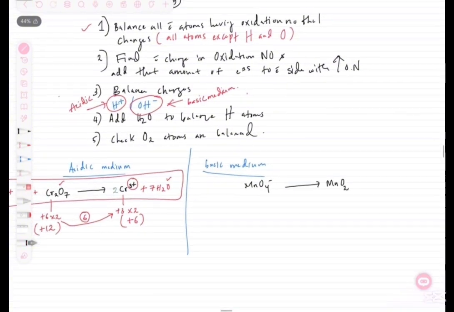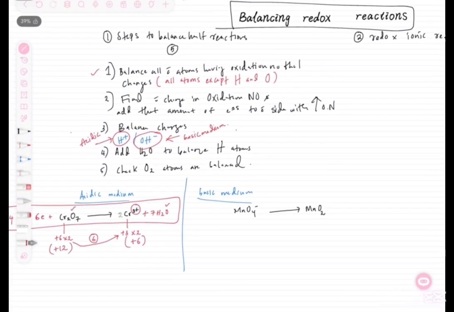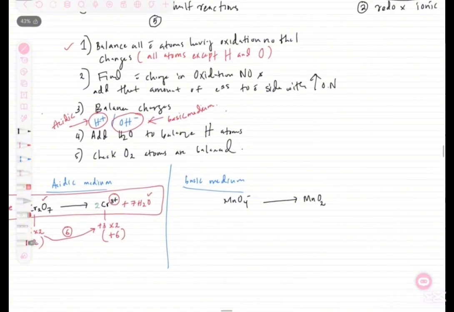If I take this reaction here, the same steps have to be followed. We have to balance the atoms having an oxidation number that changes, except hydrogen and oxygen, so we shouldn't consider oxygen. The atom that changes the oxidation number is manganese. Here the oxidation number is +7, and here the oxidation number of manganese is +4. Then we have to find the change in the oxidation number. Here the change is going to be 3.